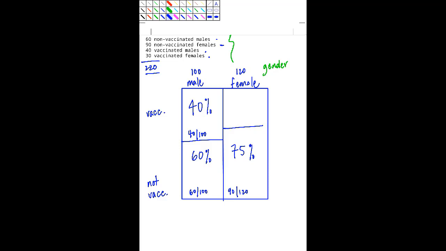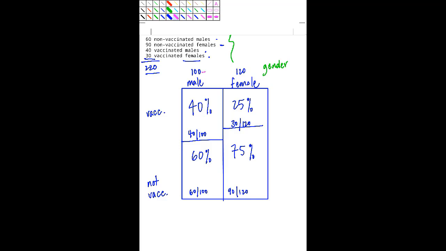And 30 of the women in this population have been vaccinated, so 30 out of 120, that's 25%. You do the division, which you need to do because that's what we want, the percentage, not the raw number. So 25% right there.